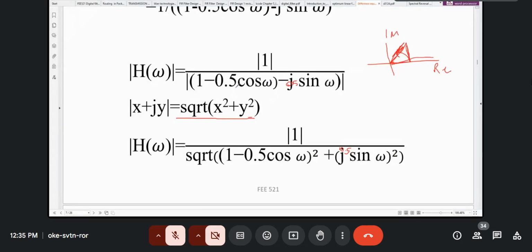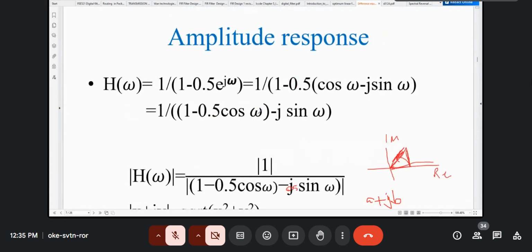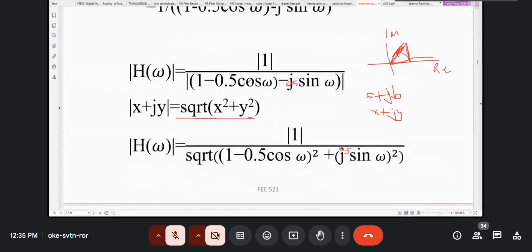So we must put this in the form a plus jb, or x plus jy. So we have to rearrange this. So this becomes 1 minus 0.5 cos omega plus j 0.5 sine omega.